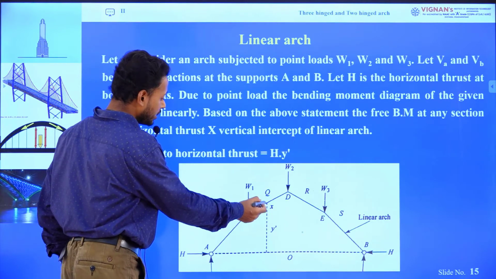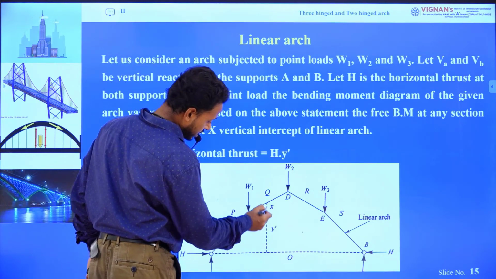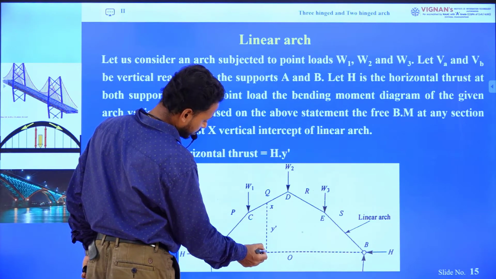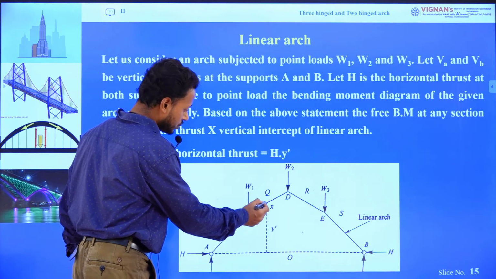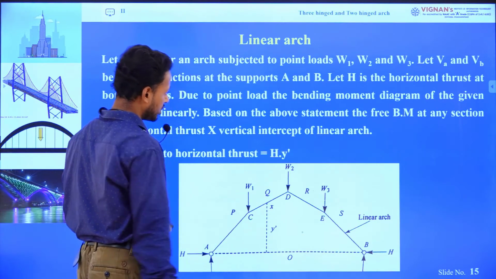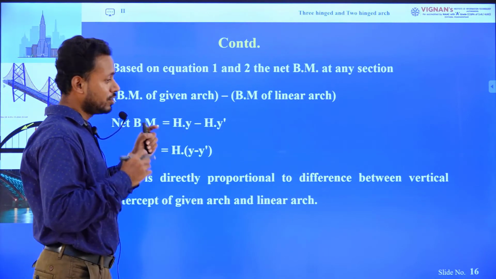So what will be the bending moment at this position? This force into this distance, so this force is H and this distance is y dash, so H into y dash will be the bending moment at this cross section. Now we will calculate the difference of bending moment.